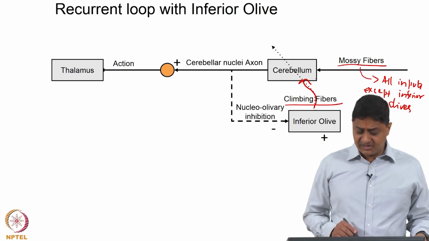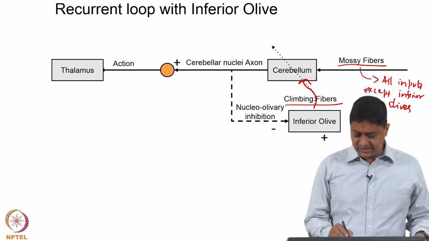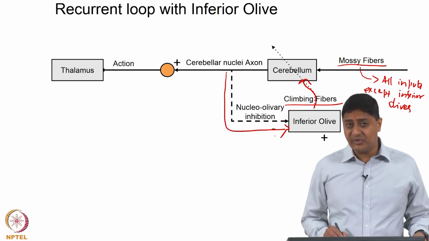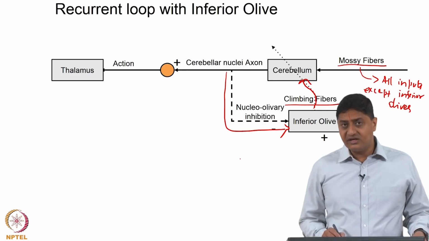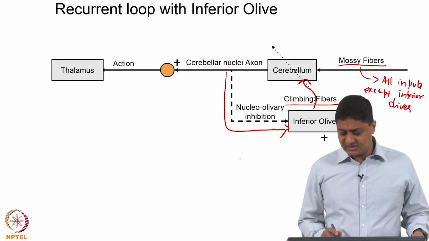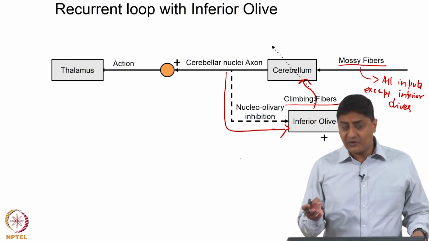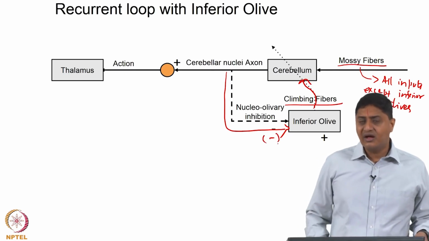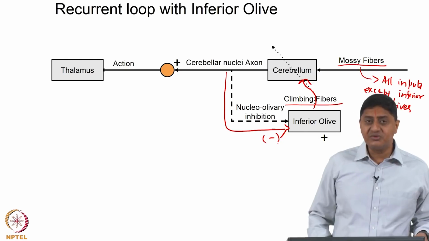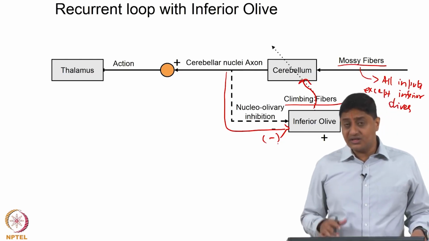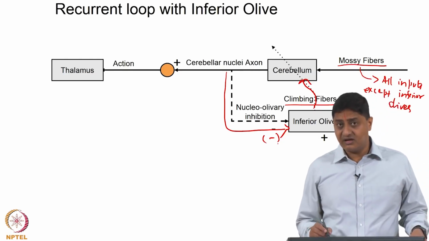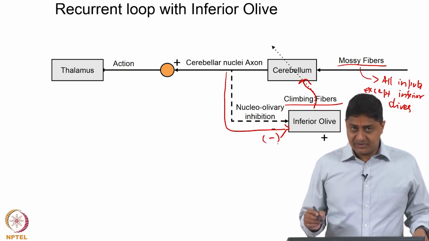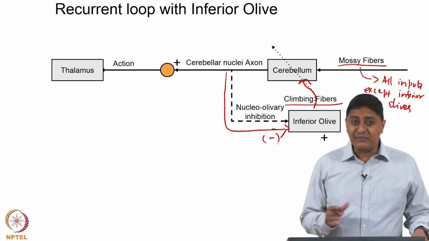And it turns out that the deep cerebellar nuclei can also negatively regulate, or inhibit, the inferior olive. In other words, the cerebellum can regulate the inputs that it receives, from where and what kind of information it is going to be receiving, right. Note also we discussed that inferior olive neurons are electrotonically coupled, or in other words there are gap junctions.